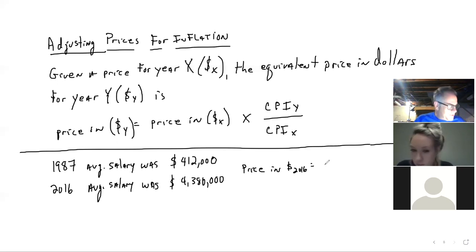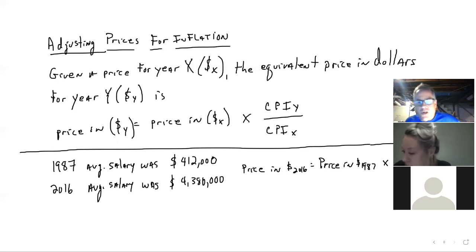That will be the price in the year 1987, which we know, times the CPI of the year you're looking for, CPI of 2016, divided by the CPI of the year you know, which was 1987.